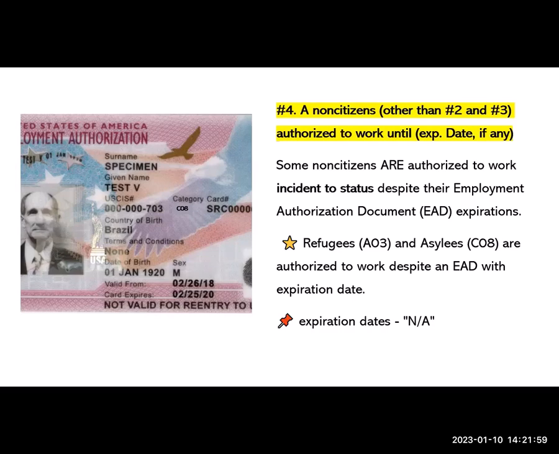The legalese is incident to status, despite the fact that their employment authorization document has expired or is about to expire. There are probably, off the top of my head, about 15 categories of EADs where this happens.